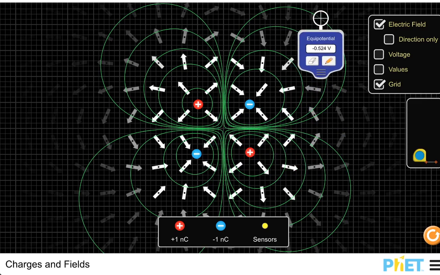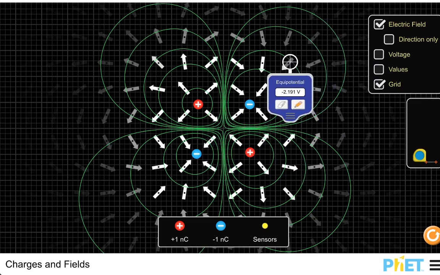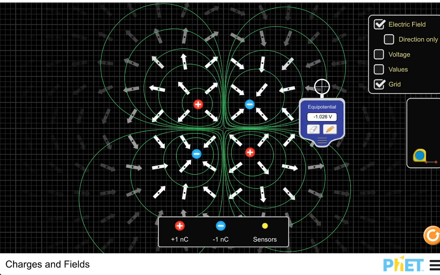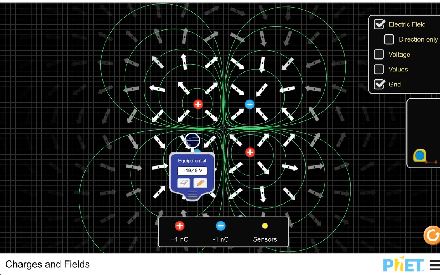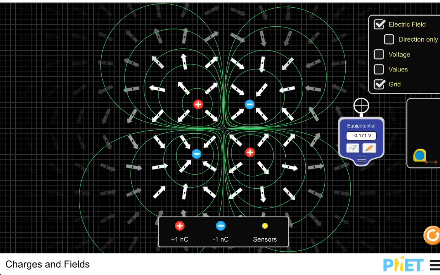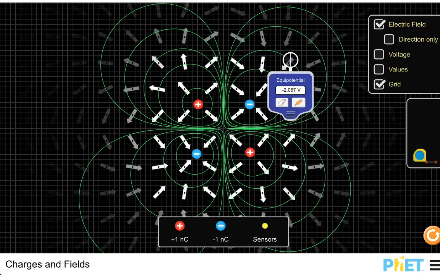And also notice that the arrows we use to represent the electric field are always perpendicular to these equipotential surfaces, at least to the accuracy that this program is able to draw those little arrows and make them visible to us. If we shrunk them down infinitesimally small, they would always be exactly perpendicular to these equipotential surfaces.